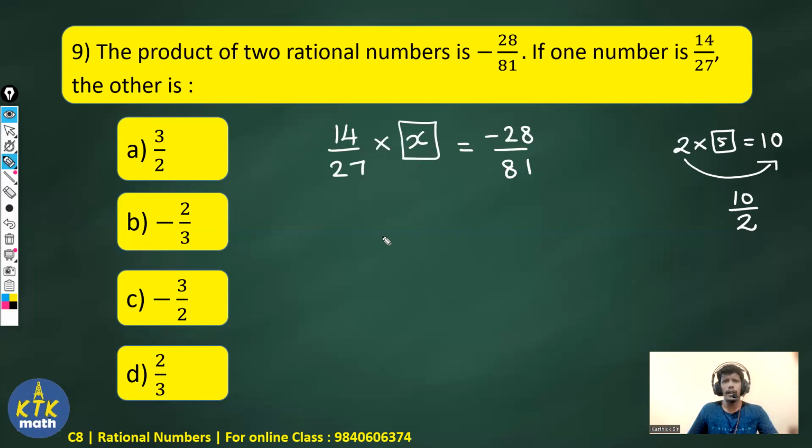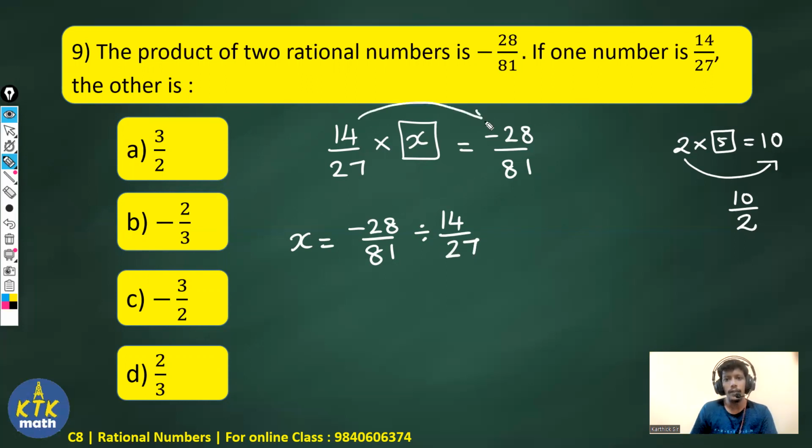Whenever we need to find some unknown value, we always take it as x. Now the same way, what I'm going to do is negative 28 by 81 divided by 14 by 27. Divide means what? Reciprocal. So when I'm shifting this to here, it will get reciprocal. The example I gave you on the right hand side: 2 times 5 is 10. How does 5 come there?